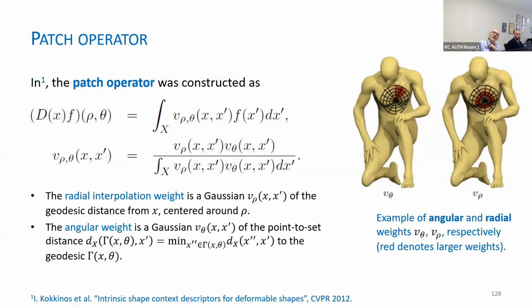We have a sampling which is given by this function, where the v terms here are computed in this way. But I repeat, it is just a way to sample the function on the surface with the Gaussian.